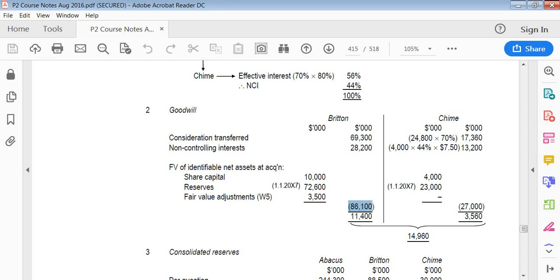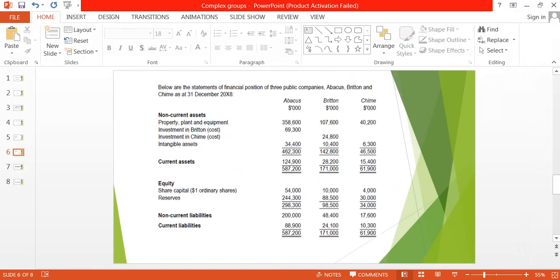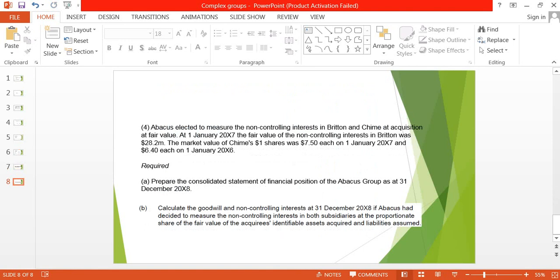The NCI were given its value in note 4. We're told the market value of C's $1 shares was 7.50 each on 1st January 20x7.